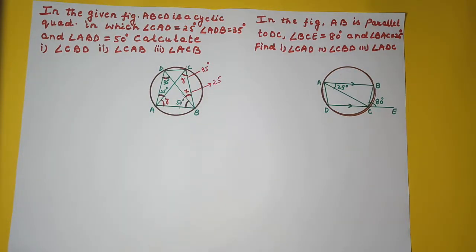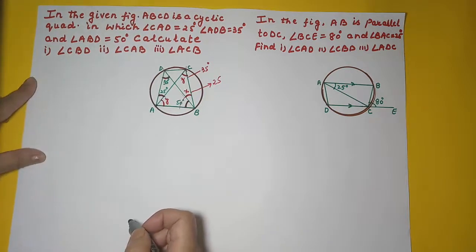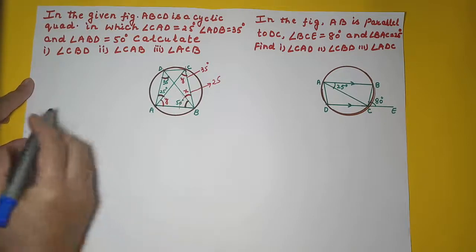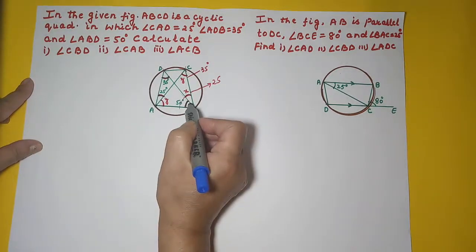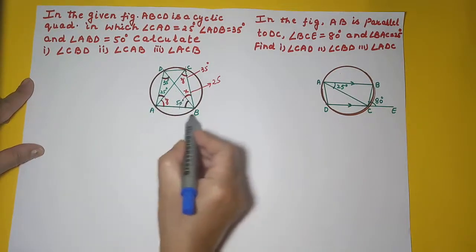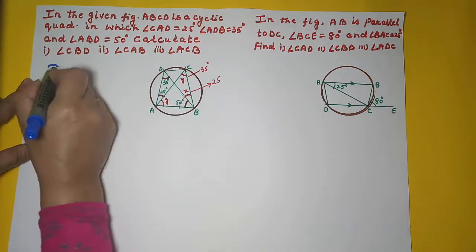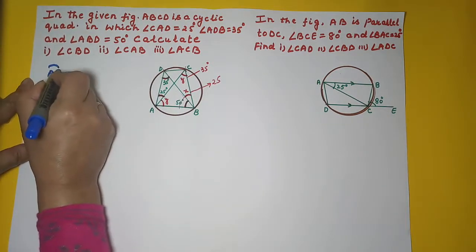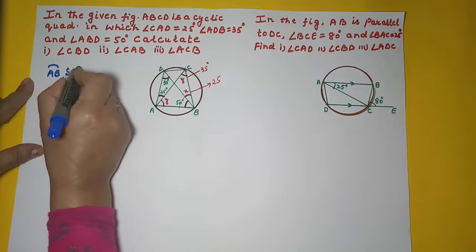So whatever you are writing is very important. How you write and how you give reasons, that's important. So first we will take this arc. We will say arc AB subtends which two angles?